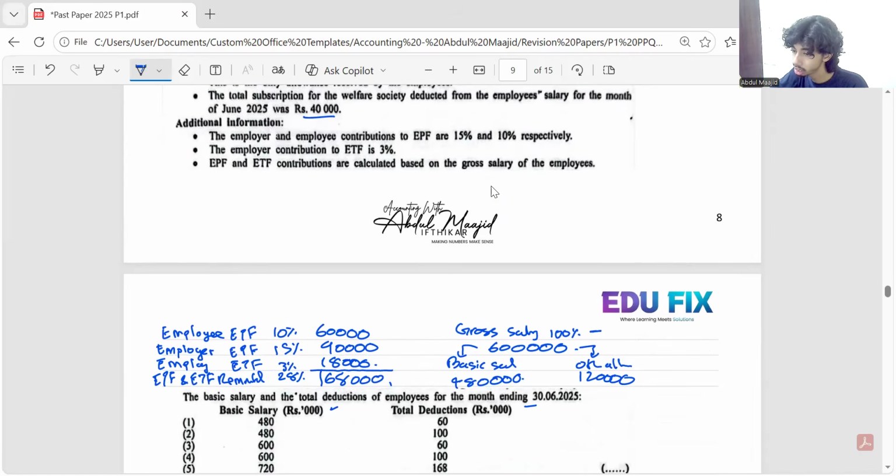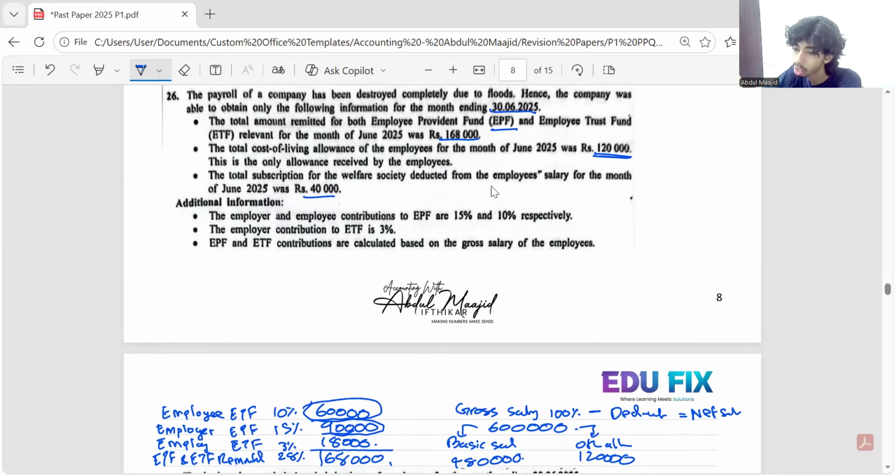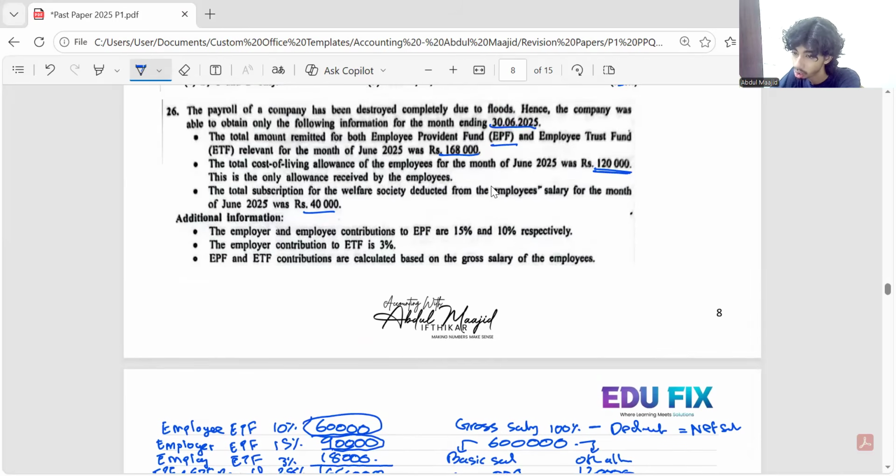What are the deductions you do from gross salary to get your net salary? Employee contribution to EPF is a deduction from the gross salary. Sorry, employee 60,000. And then there is this subscription for welfare deducted from employee salary 40,000. Then if there's any staff loan or salary advance, all of those are deductions.